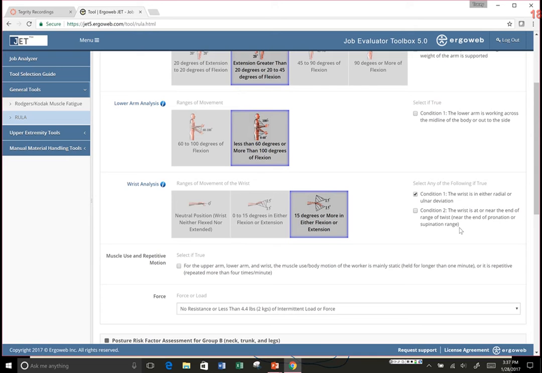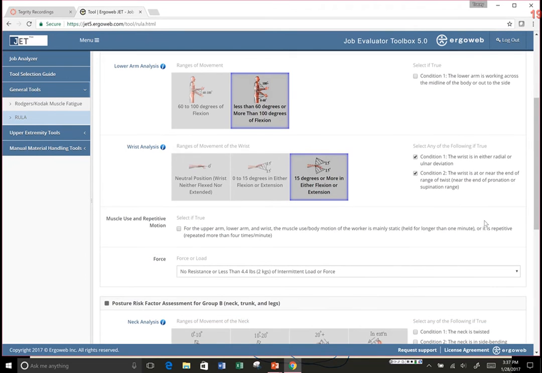If you put your arms out, keyboarding, your palms are down, and if you try to twist much more, you can't get much further than that. So yes, he's near the end. Although it doesn't look like an awkward posture, it is not the neutral handshake posture. It is near the end of pronation.